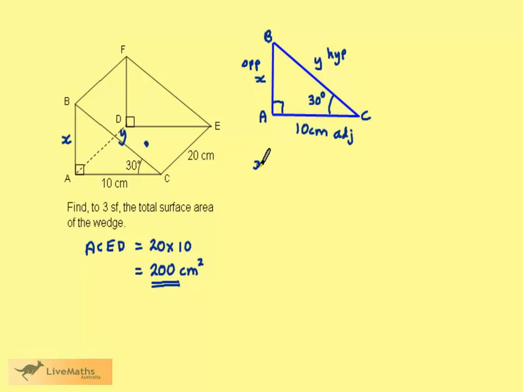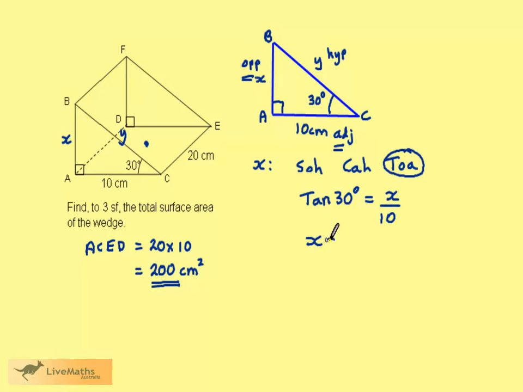Let's look at working out X first. Opposite and adjacent. We have SOH CAH TOA, and for A and O we need the tangent. So the tangent of the angle is equal to the opposite divided by the adjacent.